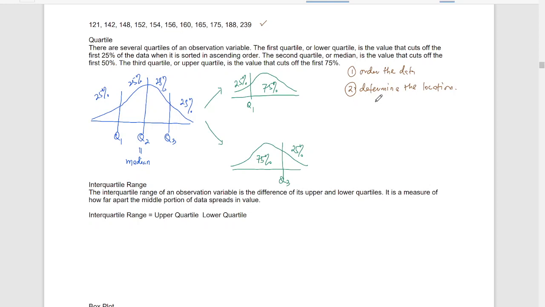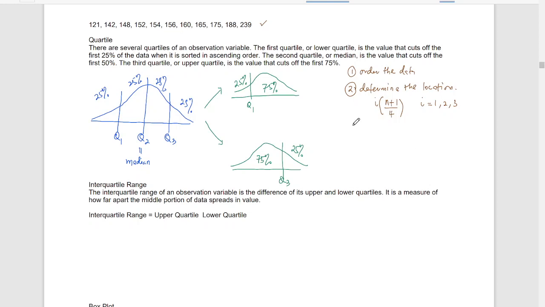So location is given by i times n plus 1 divided by 4, where i here can either be 1, 2 or 3, depending on the quartile that you want to find. If you are looking for quartile 1, then i will be replaced by 1. If you are looking for quartile 2, you replace i with 2, so it goes back to n plus 1 divided by 2, which is equal to the location of the median. And for the third quartile, just substitute with 3.